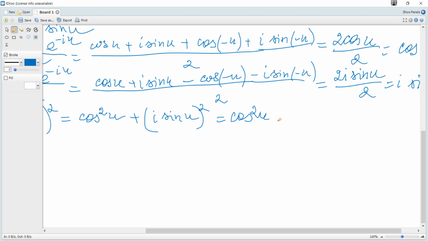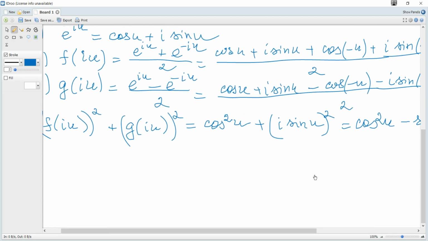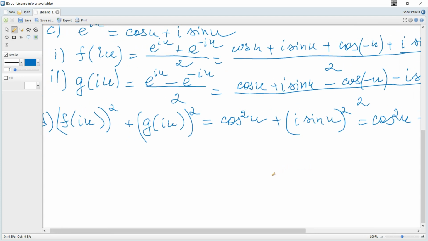I squared it's -1, so it's minus sine squared, and it's formula of a double angle, so it's cosine of 2u of double angle. It's 2u, cosine of 2u, and it's the required answer.